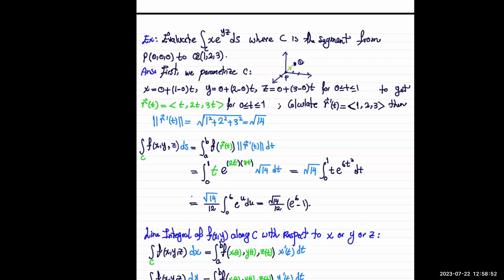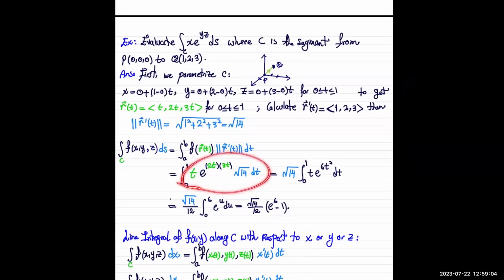And ds is square root of 14 dt. And look at that. This just turns into a single integral of just t. Square root of 14 is a constant factor. Take it out. You have the integral from 0 to 1. And that's because this parameterization is from 0 to 1.